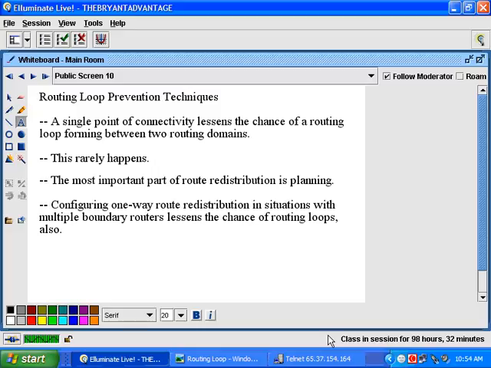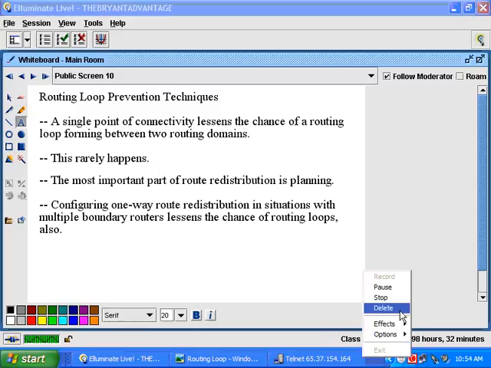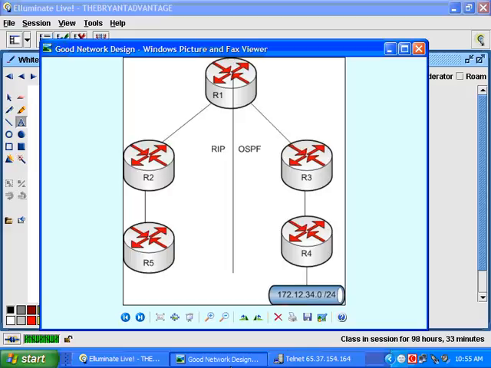Now, if you're lucky, you'll see a network a lot like this one. Because in this network, we have one point where redistribution could possibly take place. The only interconnection between these two domains is at the point of redistribution itself.